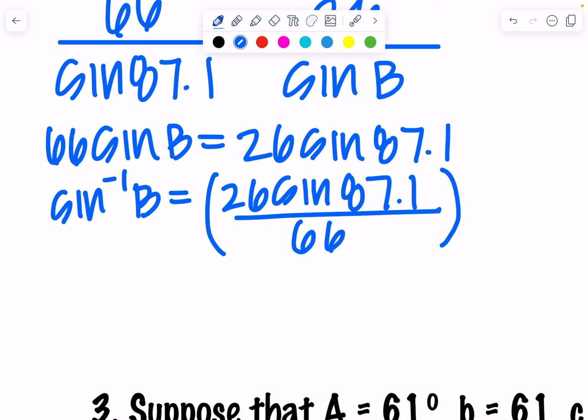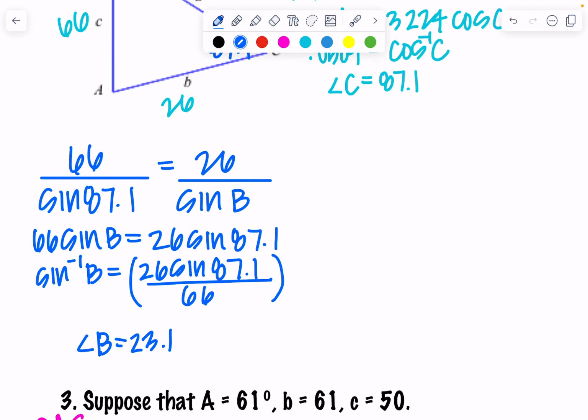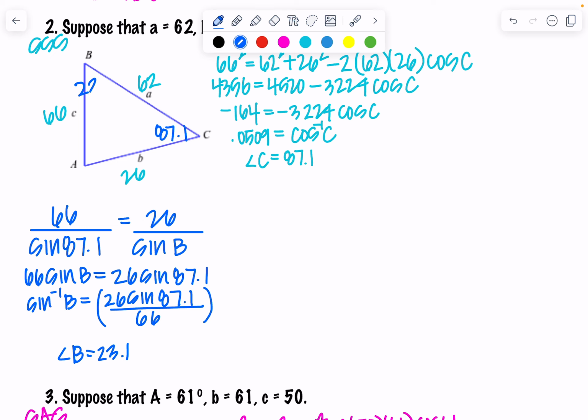And we should get 23.1 as our answer. So 23.1.